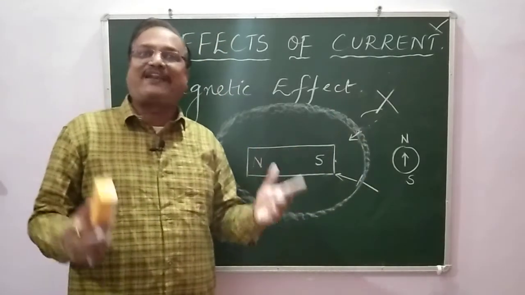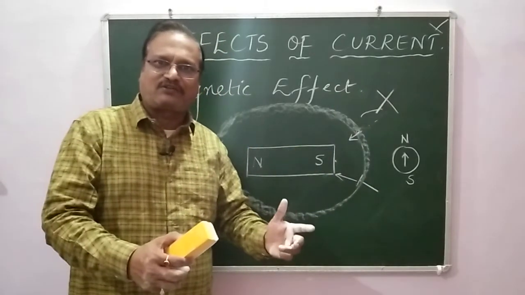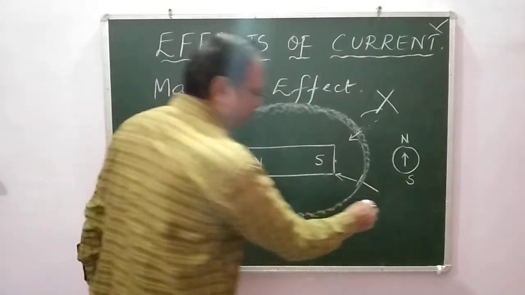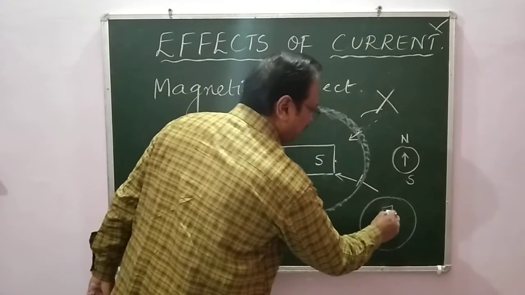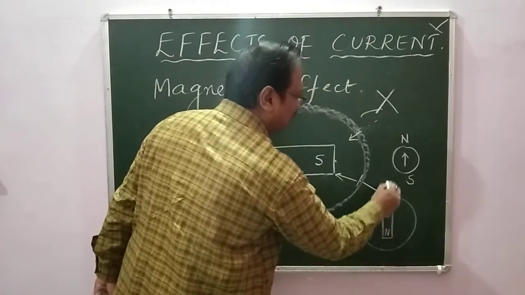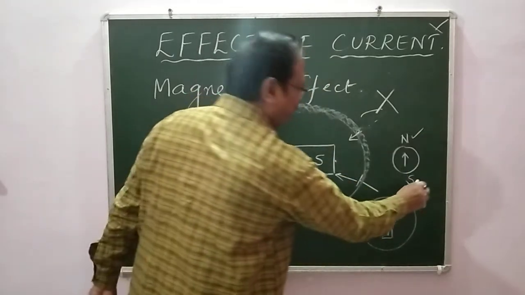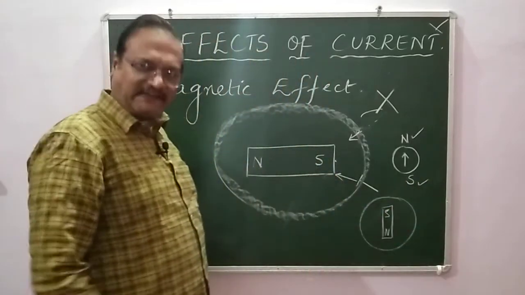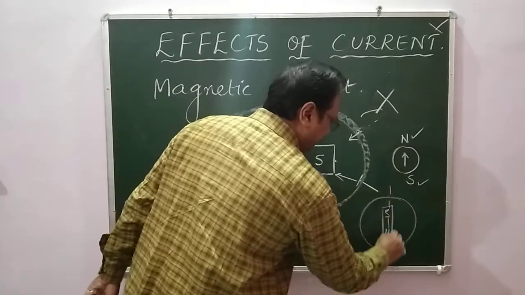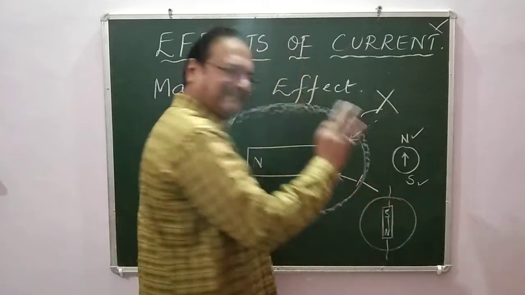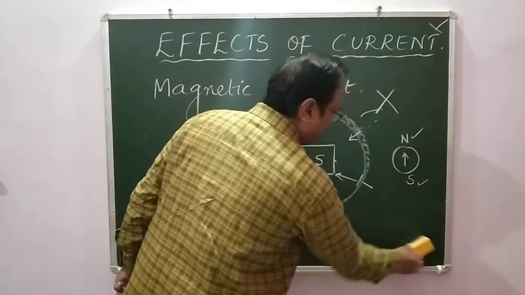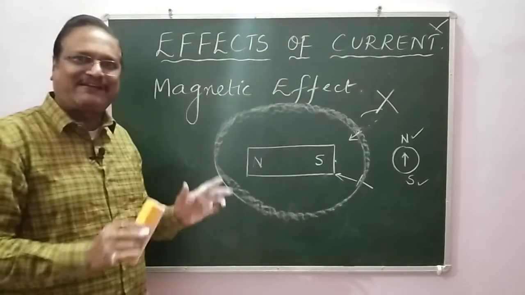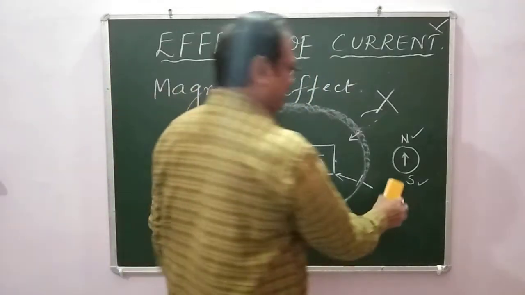It shows you the direction, geographic north. Earth also is like a big magnet. Inside Earth also there is a big magnet with a south pole and north pole. So it will show north pole and south pole. We will learn more about it later. I am just telling you the words here. Don't get worried. Next video I will make only on magnets, and then you will understand better.